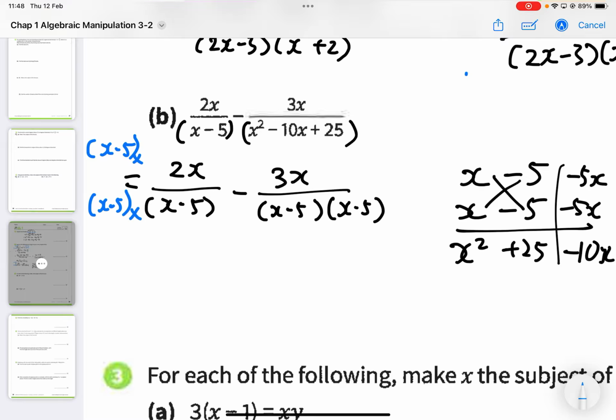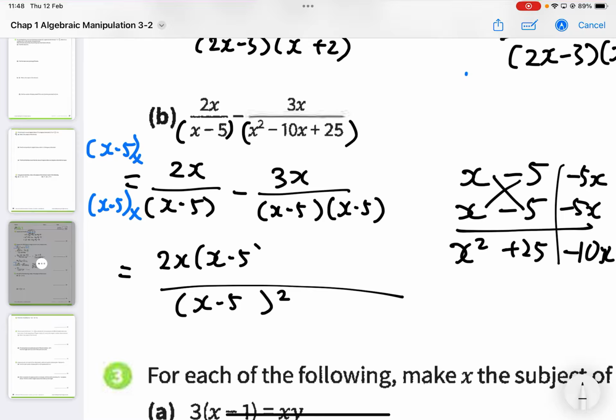Lexus, following or not? Okay? So when you have your main idea, then you will know you want to make common denominator. Then you will think what to do to make common denominator. Okay? Then you will know my next step is to subtract the numerators. 2x need to multiply x minus 5. 3x don't need to multiply anything.